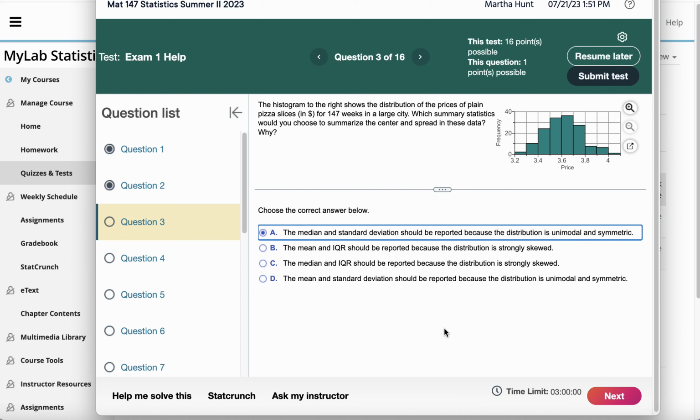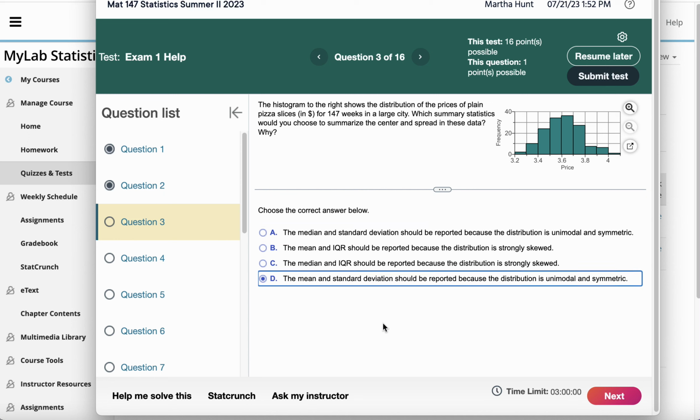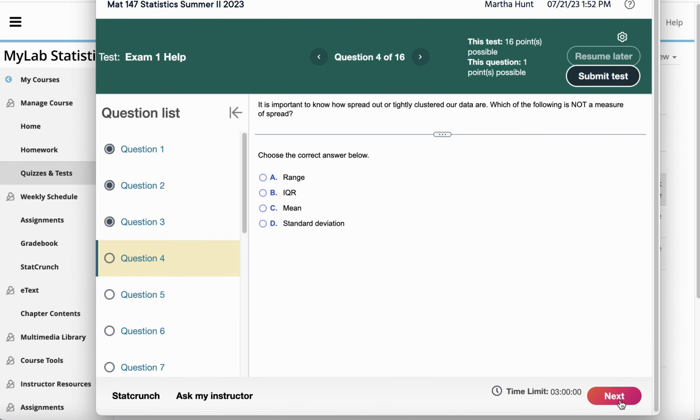So for non-skewed distributions, we default to the mean and the standard deviation. The median and IQR would be for skewed distributions. So I'm not going to do a lot more of these problems. Let's see, what is not a measure of spread? The mean.